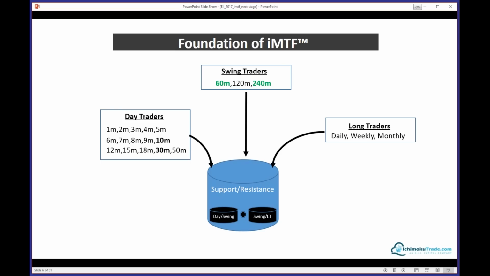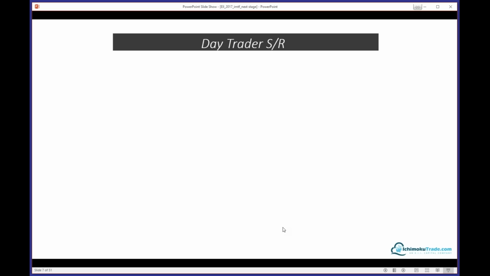Okay? The aggressive traders are willing to relax some of the rules where they say, okay, I'm willing to take a trade if the swing traders and the long-term traders have the same value, but I really don't care for the day traders. And that's one of the reasons why we create these two different buckets. So now, how do you use this information? Here's how you use it exactly. And remember, our goal is at one glance to simplify the approach.